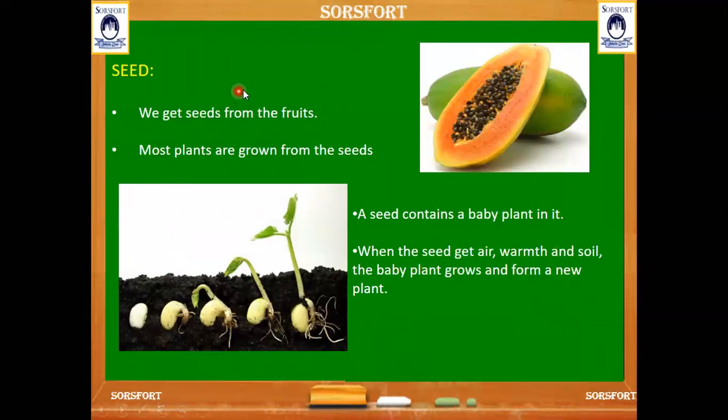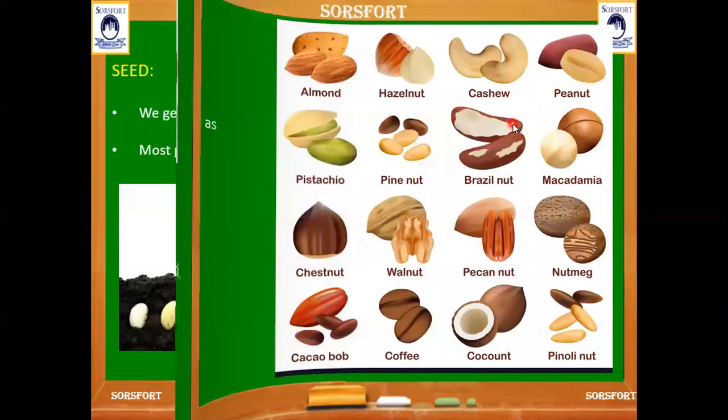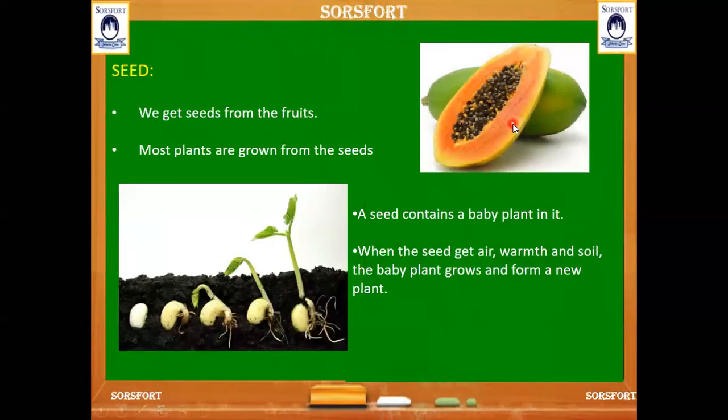And here is the next part, seed, which is the most important part. Why? From the seed, we get a new plant. We get seeds from which part of a plant? We get seeds from the fruit. A fruit has many seeds. You can see in the papaya, there are many seeds in it. And a seed contains a baby plant in it.